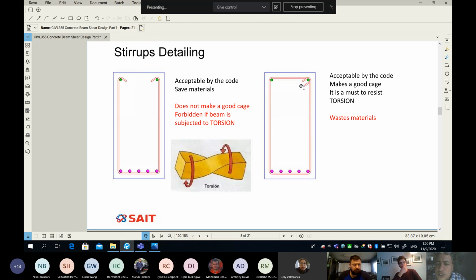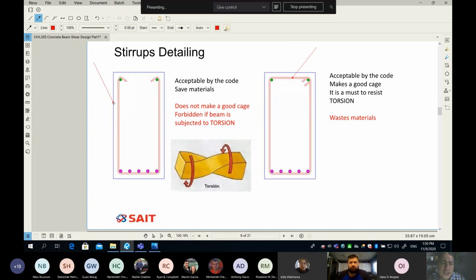Some detailers or engineers design their stirrup to look like this, and some other engineers design their stirrup to look like this. If you ask me what is my preferred method, I'll tell you the one on the right is my way to go, and I'll tell you why. I already gave you some writing here.